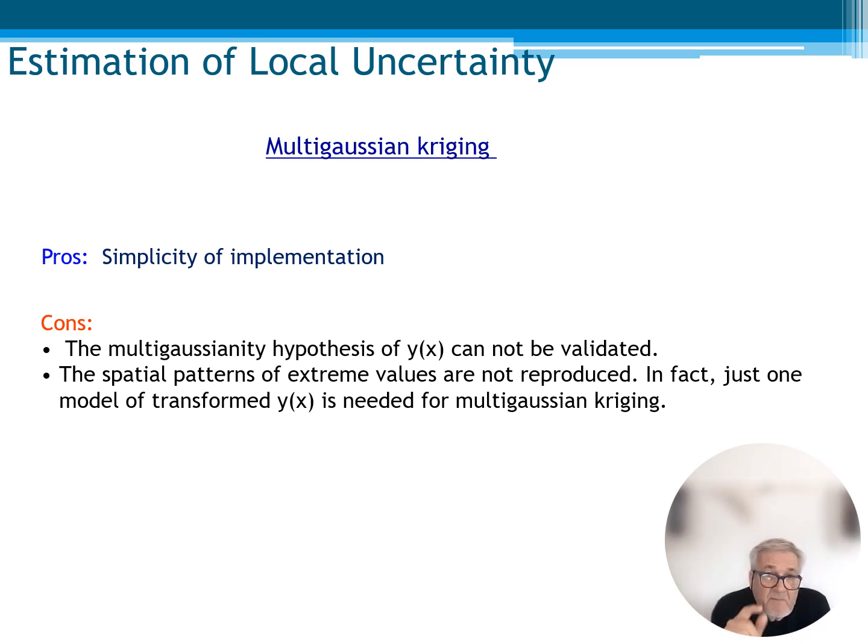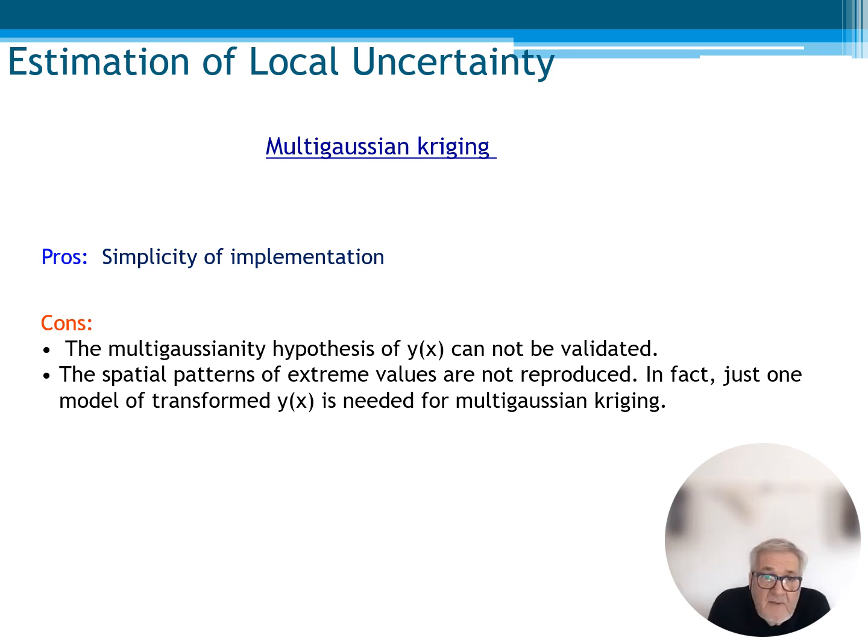But this simplicity sometimes hides an inconvenient truth, which is that most users do not know exactly what they are assuming, what the main assumption of this method is, which is the multi-Gaussianity. Okay, what are the drawbacks of this method? The multi-Gaussianity hypothesis of the Gaussian variable cannot be validated, must be assumed, and that's it.